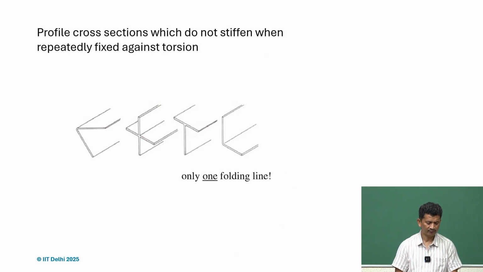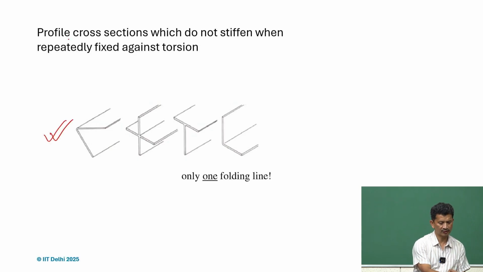But what happens if we have this kind of cross sections, so profile cross sections with only one folding line?